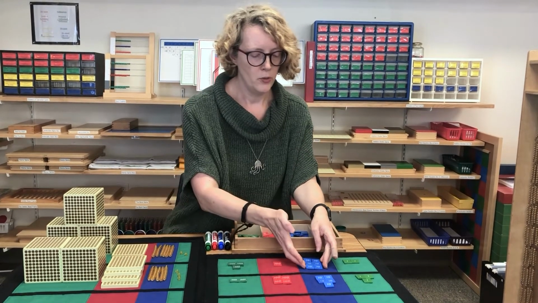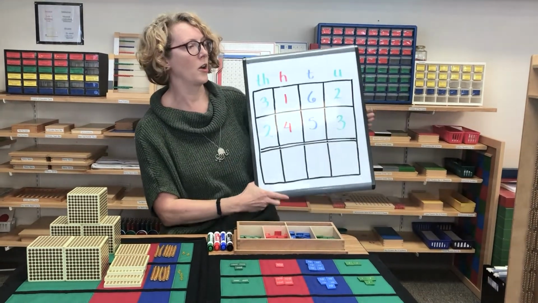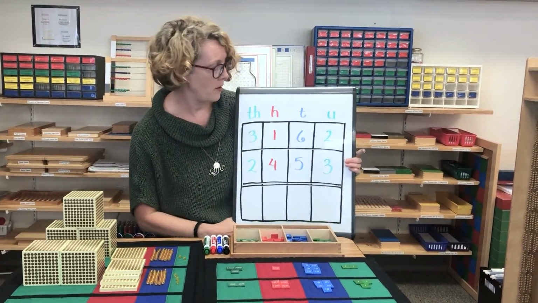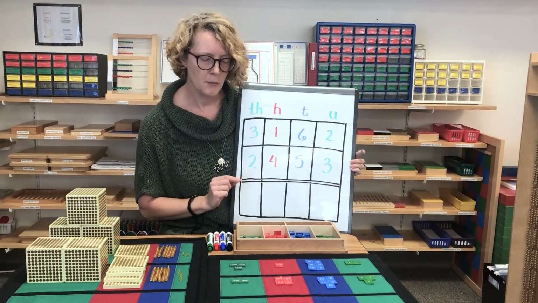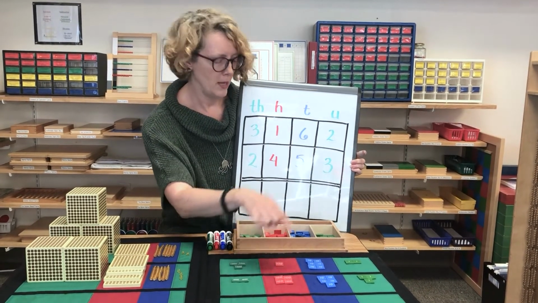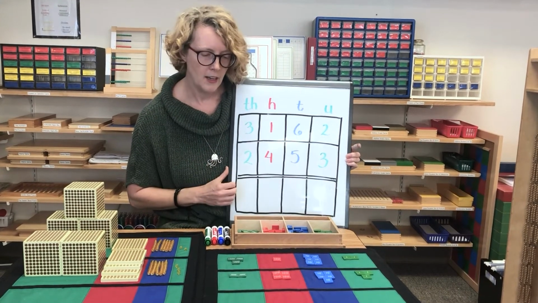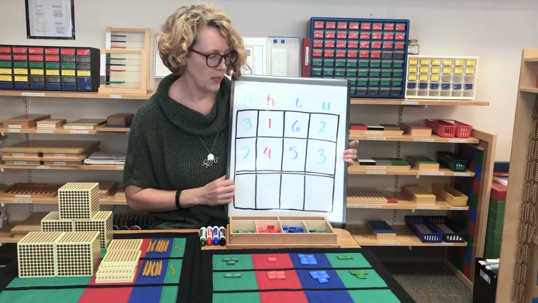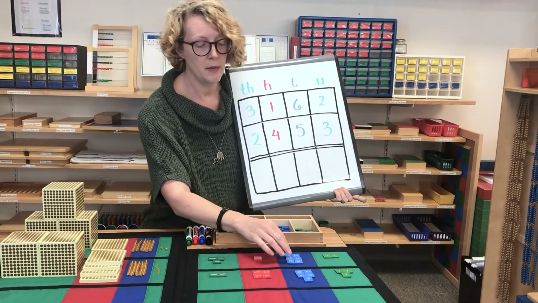So what they would do is they would get a problem on their piece of paper or on a card that they would translate to a piece of paper like this. And they would take their stamps and they would fill in these blanks with their stamps. And then they start in the units place. And I like to have them march their stamps 2 by 2.